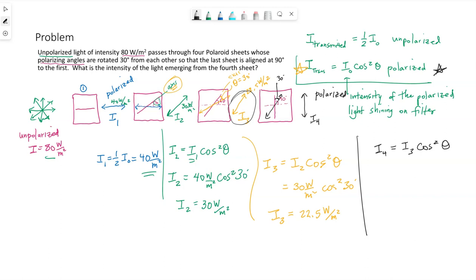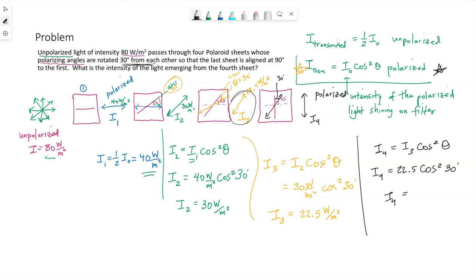That's going to be 30 degrees again. If we read the problem, each filter axis was rotated 30 degrees from each other, and so that's why the angle has been 30 degrees for I2, I3, and I4. So the intensity of the light shining on filter 4 is 22.5, times cosine squared of 30 degrees.